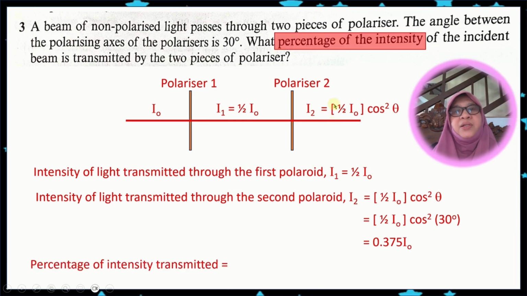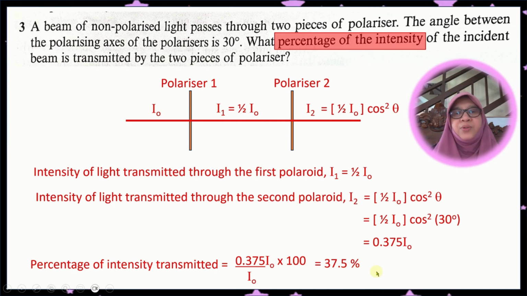But the question asks for a percentage, and this is not in percentage yet. So we calculate the percentage: 0.375 I naught over the original intensity I naught, times 100. So the percentage is 37.5%.